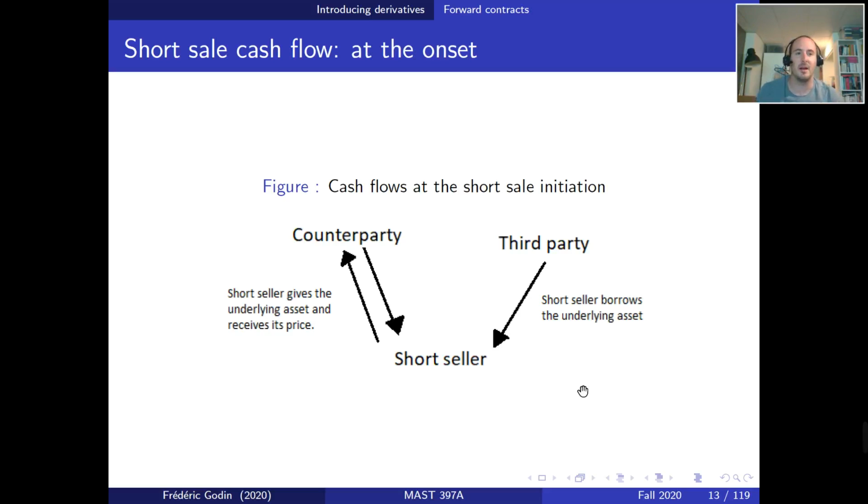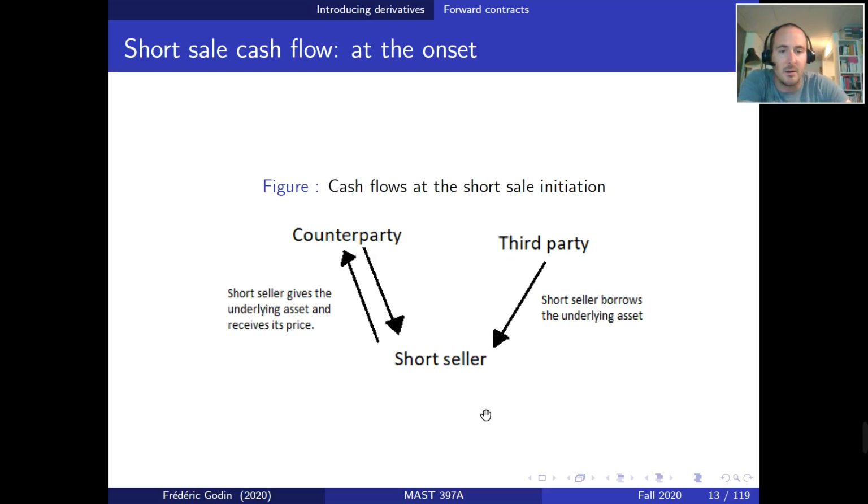So I've made two quick charts to illustrate cash flows associated with a short sale. At the initiation of the short sale, here are the following actions that are made.